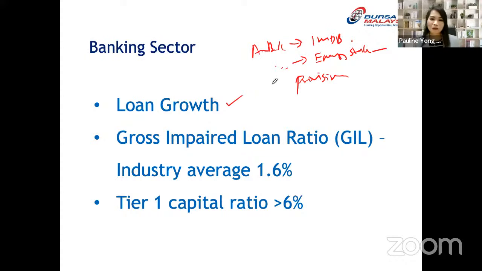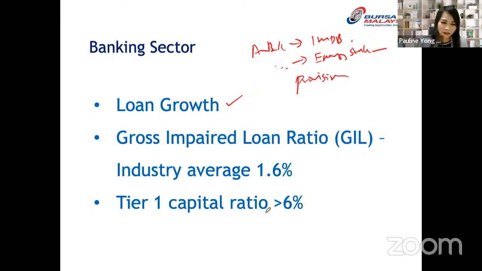So you have to look at when they made the provision, whether they already made the provision, and whether in the future there is no more effect. What is the situation? Then you have to find out. But anyway, let's hope for the best.